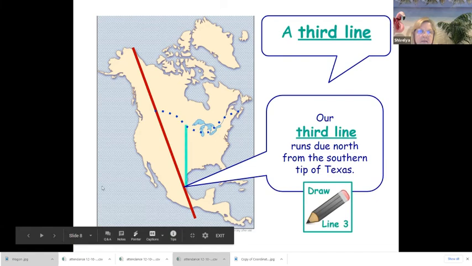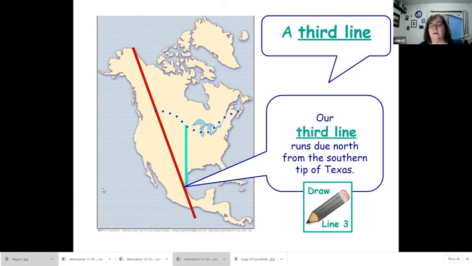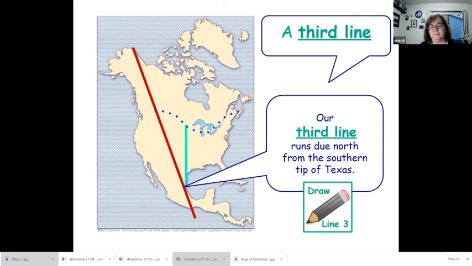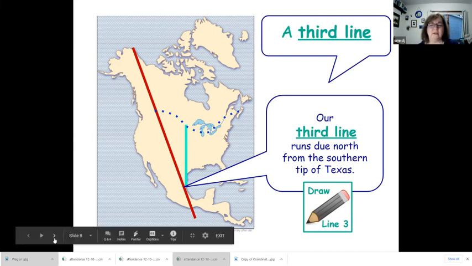So our third line runs due north from the southern tip of Texas up. And now we're starting to get that pie wedge where we have really dry land that's hard to farm, and our precipitation line is changing.